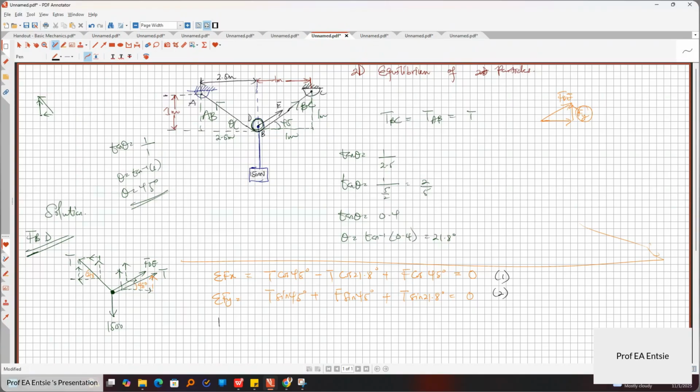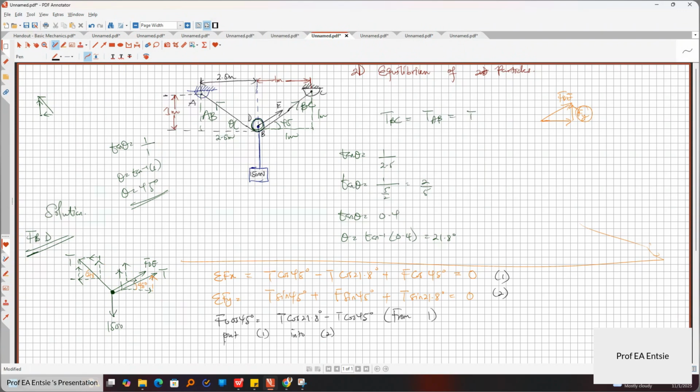From equation one, you can say that F cos 45 equals T cos 21.8 minus T cos 45 degrees. So put one into two.